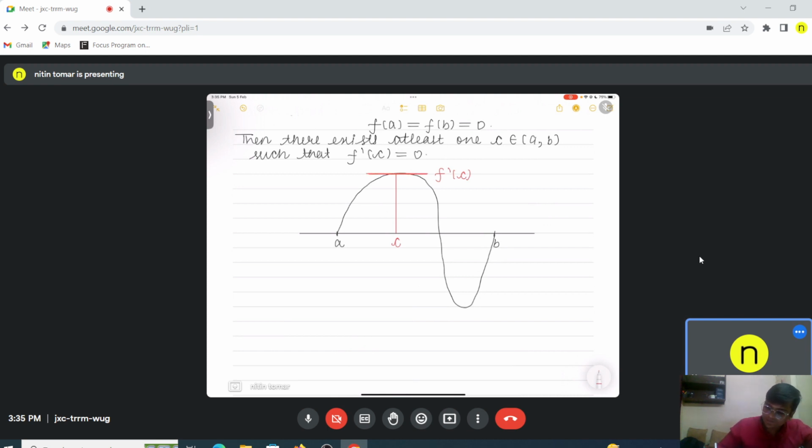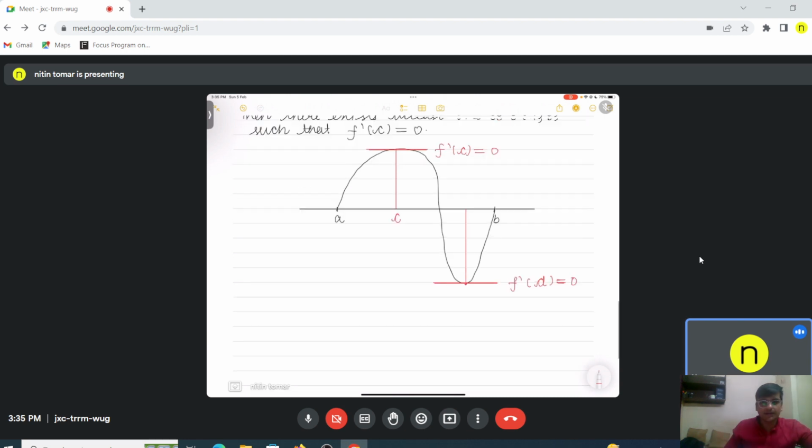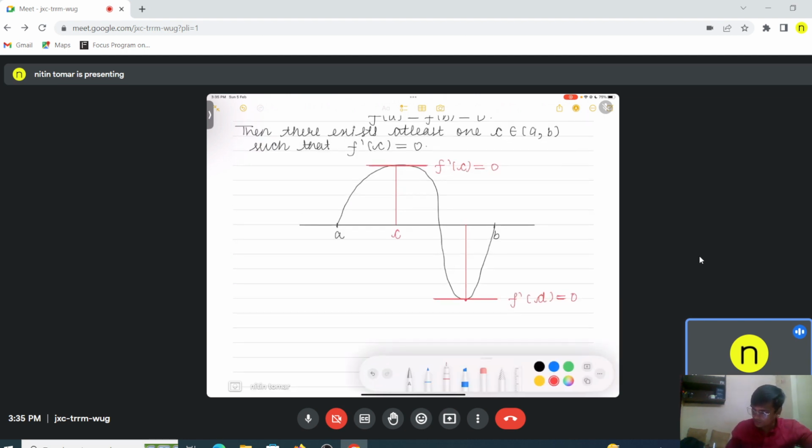And there is another point, because it is a point of minima, so we know at the points of maxima and minima the derivative takes the value 0. Let's say this point be D. So this is the geometrical interpretation. You can get 2 points.